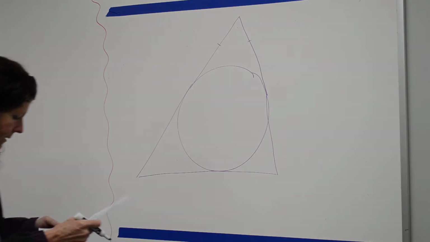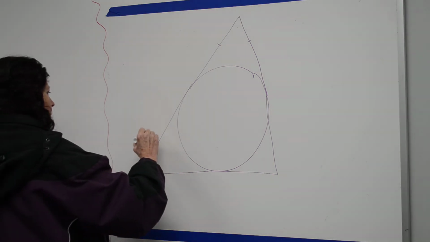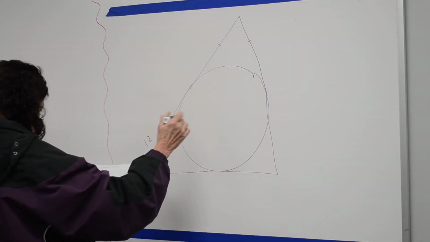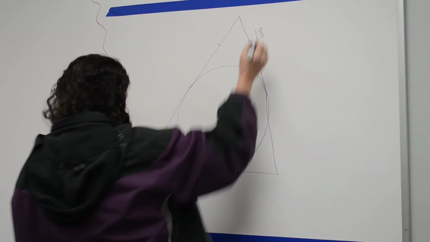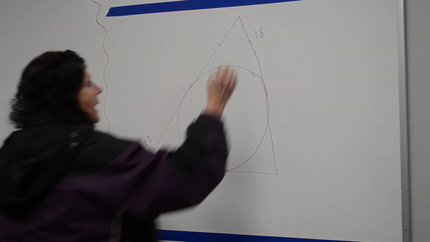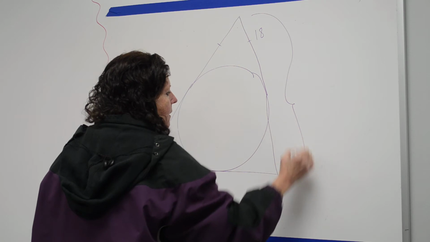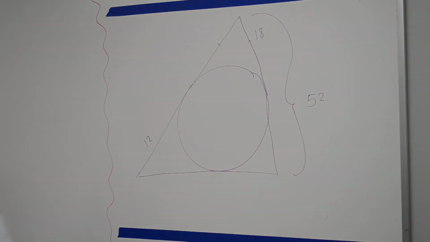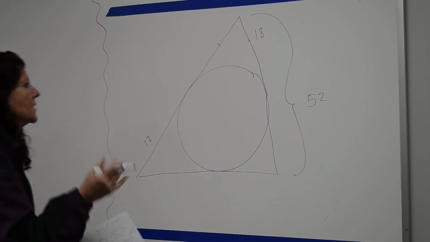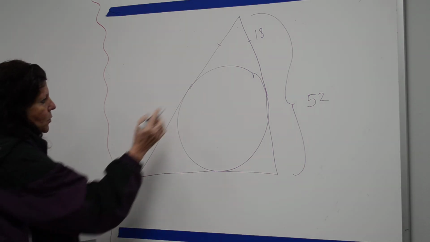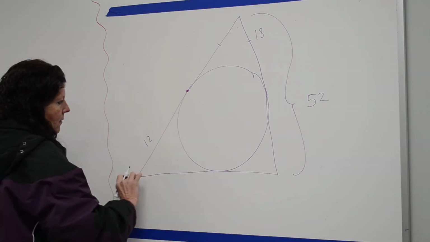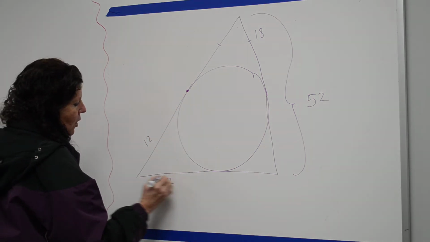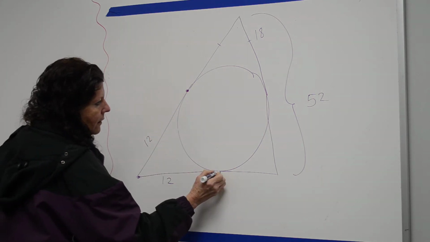Let's continue on here and show you an example problem if I can get it drawn. Okay, let's say that I know that this is 12 from here to here. Obviously these are not going to be to scale. And I know that this whole thing is 52. And let's say I want to know the perimeter of this triangle. Well, if this is 12 from here to here, this would also have to be 12 from here to here.